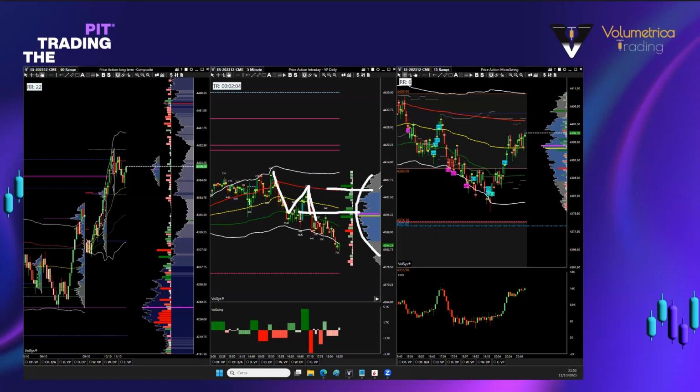We were rejecting actually the external area of the value area. And exactly there, we could spot, looking at delta, this weakness of buyers and sellers then stepping in.